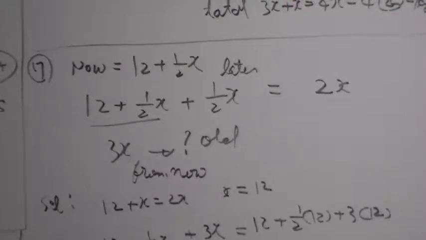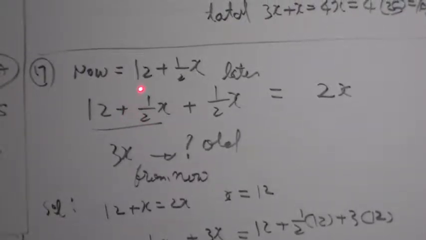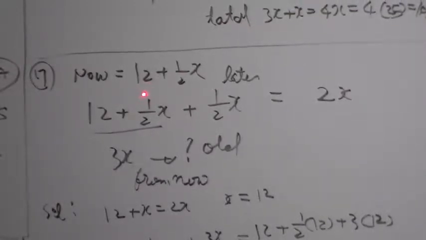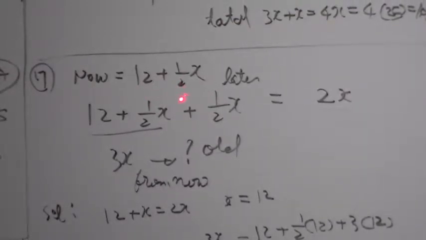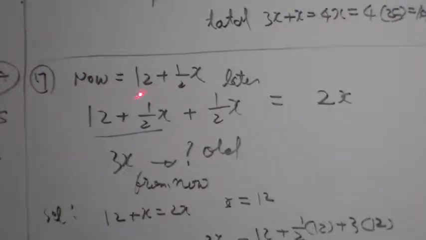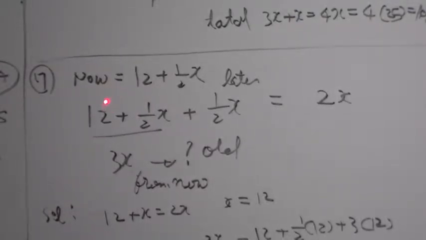Okay, 12 years ago is 12 years ago. So now is 12 plus 1.5x. Okay, now the age. Ago, so you have to add 12 to get the current age.